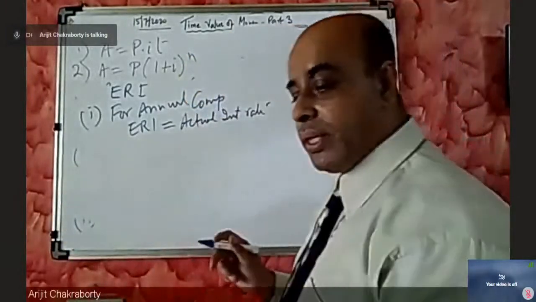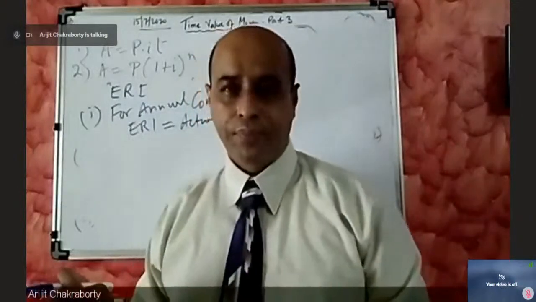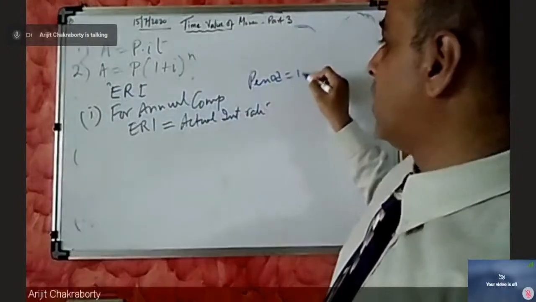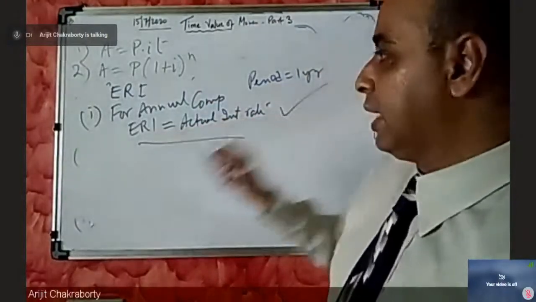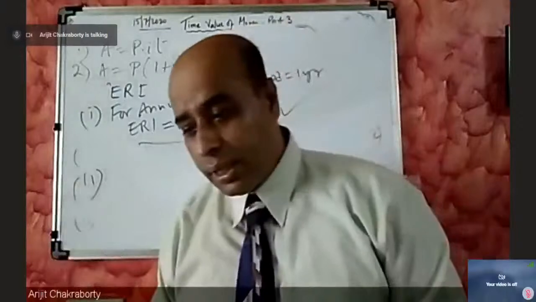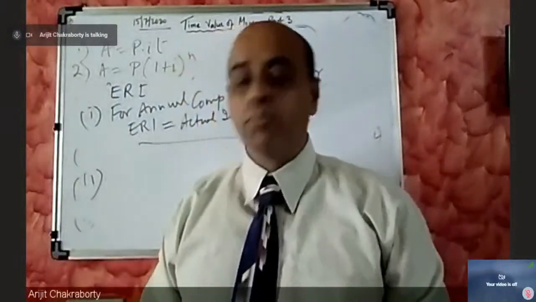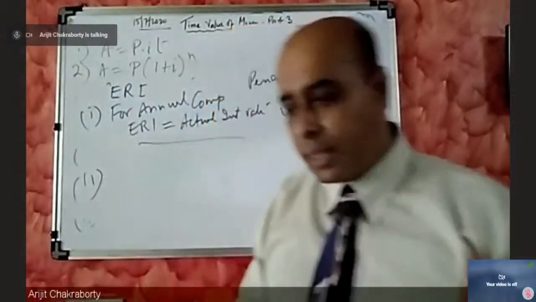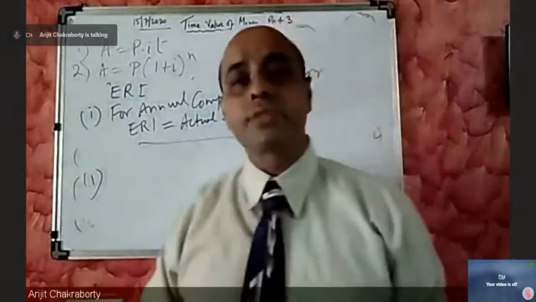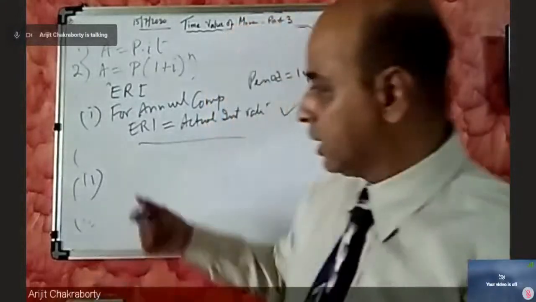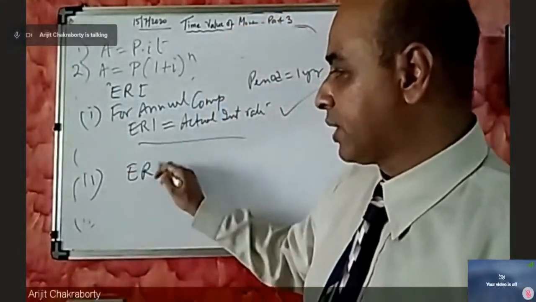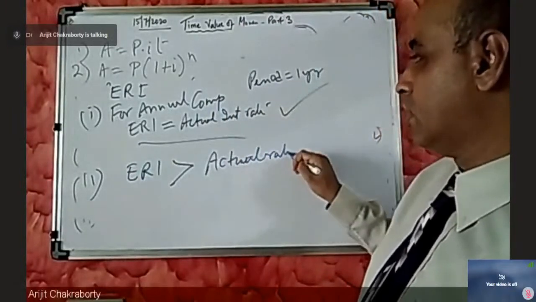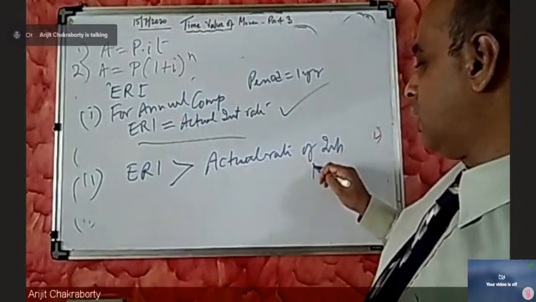But if we compound the interest more than once a year, if the period is 1 year, then this is correct. But if the compounding of the interest is done more than once a year, then what happens? Then the effective rate of interest will be more than the actual rate of interest per annum.